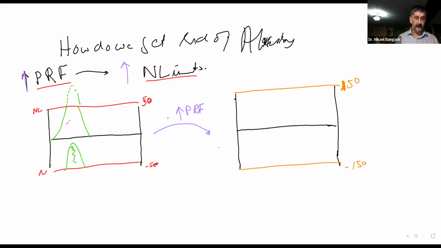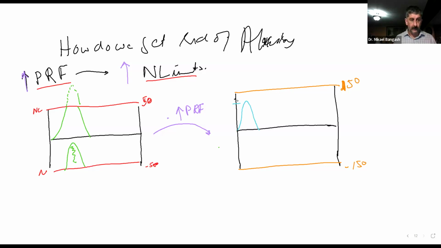That graph, which previously was too big to fit, now becomes, let's say, a velocity of 100, like this.